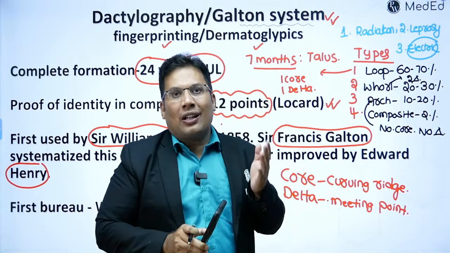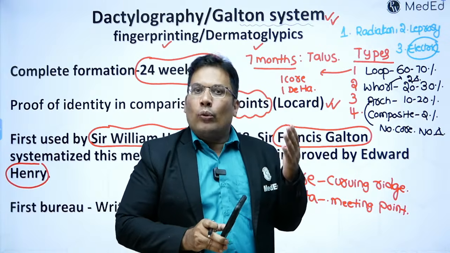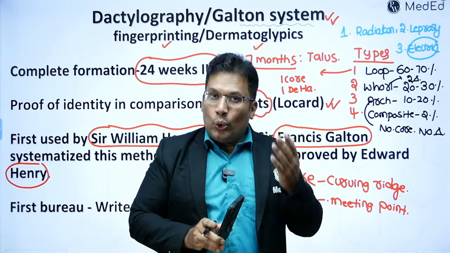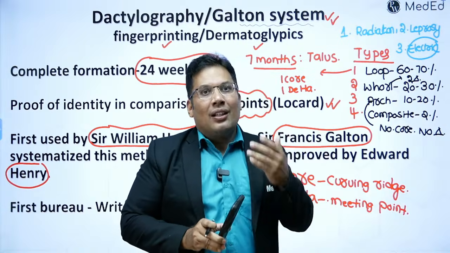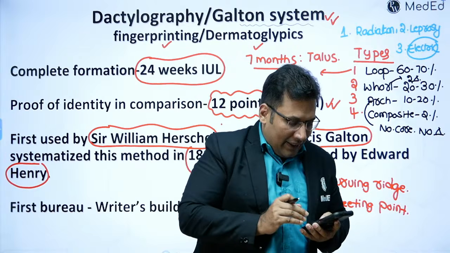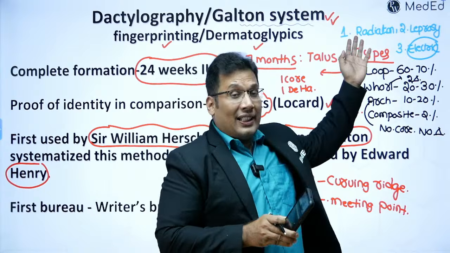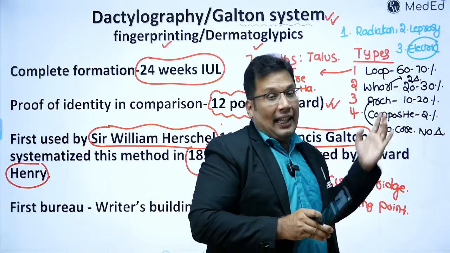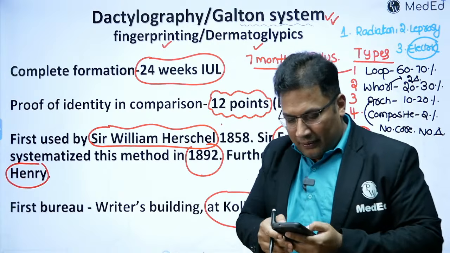The core means curving ridge, delta means 3-directional meeting point. 1 core, 1 delta, that is loop, 2 delta, that is Whorl, and no core, no delta, that is arch. Composite is the least common one. Is it clear, guys? The permanent loss of fingerprint is seen in 3 conditions: radiation injury, leprosy and electric injury. Is it clear? Priyanka and others?